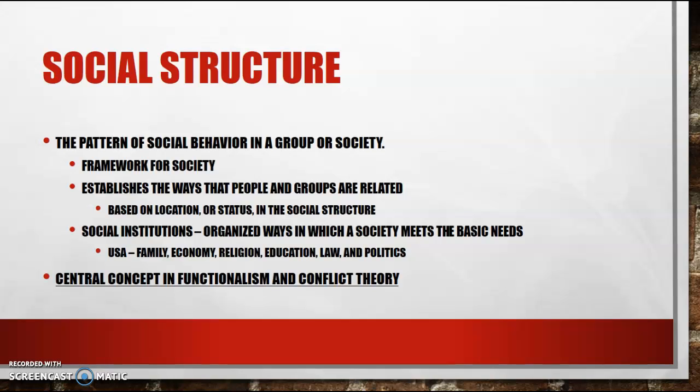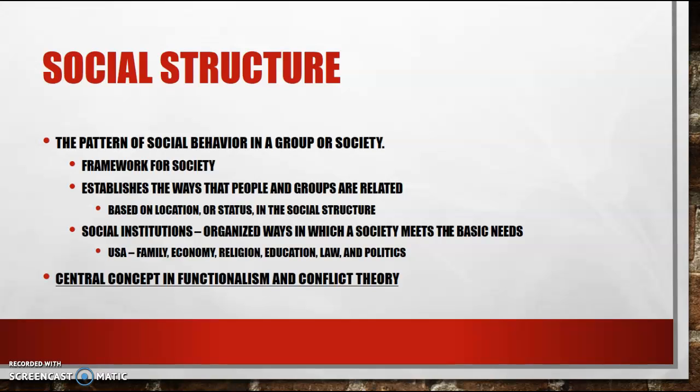You can look at India and the caste system and how their social structure is very rigid and you can't move up and down. Whereas in the United States, our social structure is fluid. You can go from being a poor person and make it up into the upper class. You can go from upper class and be brought all the way down to a poor person.